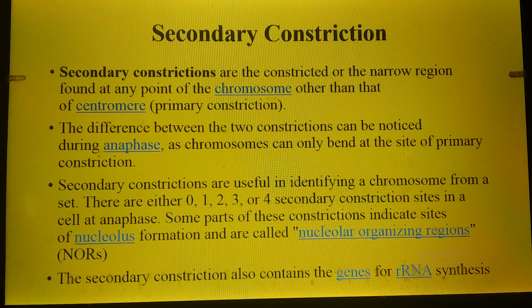Is it clear to you? One function, ribosomal RNA synthesis. Second, number two function, nucleolus formation. I hope it is clear now, the difference between the primary and secondary constriction.